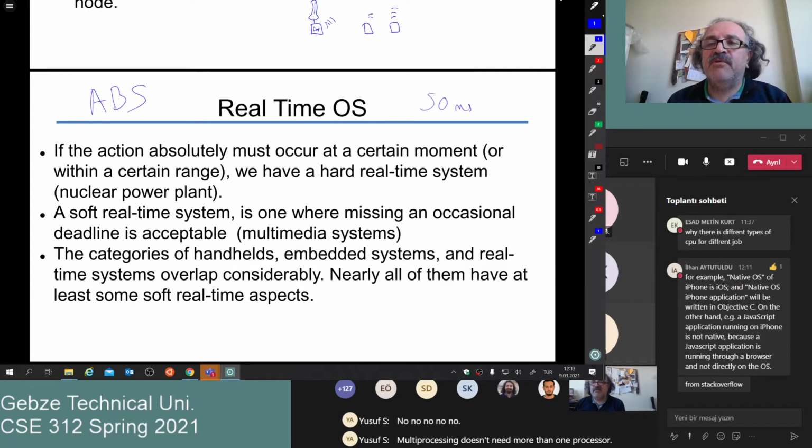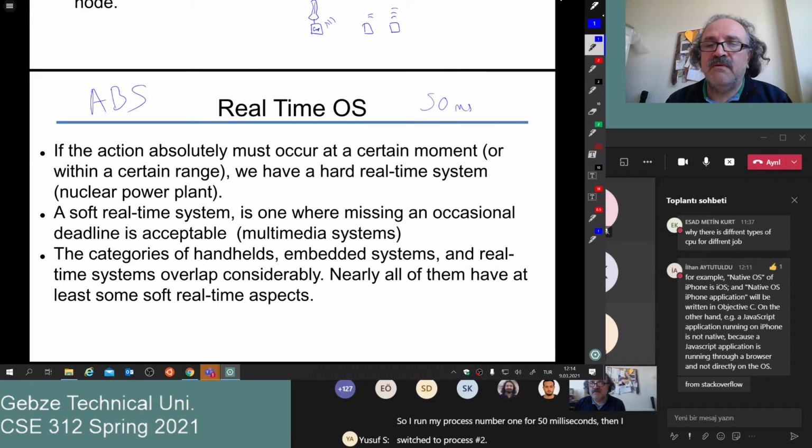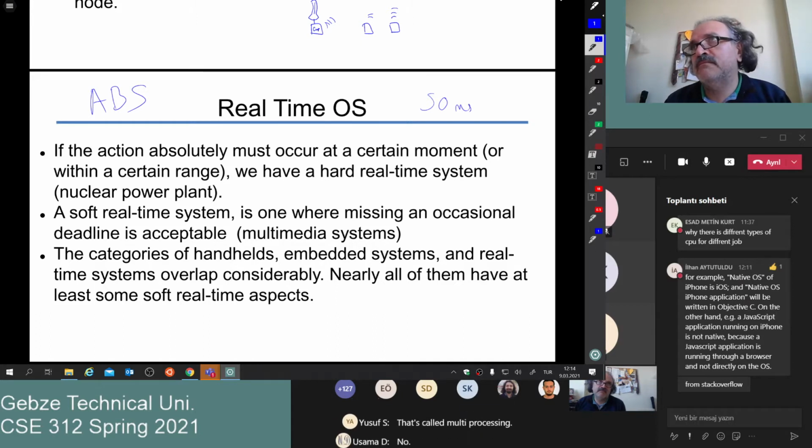On a single processor, you could be doing multiprocessing. In that case, I am doing time multiplexing. So I run my process number 1 for 50 milliseconds, then I switch to process number 2. That's called multiprocessing. Okay, got it.